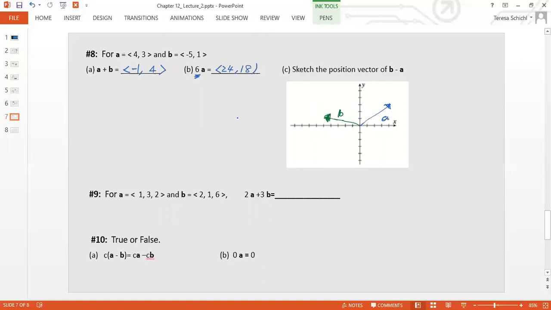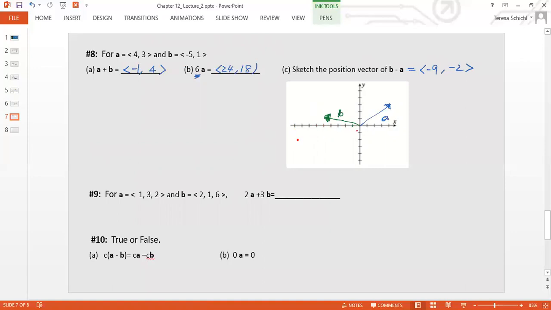And then the B minus A, you can really just calculate it. So you use B minus A, so what is here? Negative 5 minus 4, so it's negative 9, and 1 minus 3, so negative 2 here, right? Okay, so the position vector is negative 9, negative 2, 1, 2, 3, 4, 5, 6, 7, 8, 9, negative 2, 1, 2, so it's here.